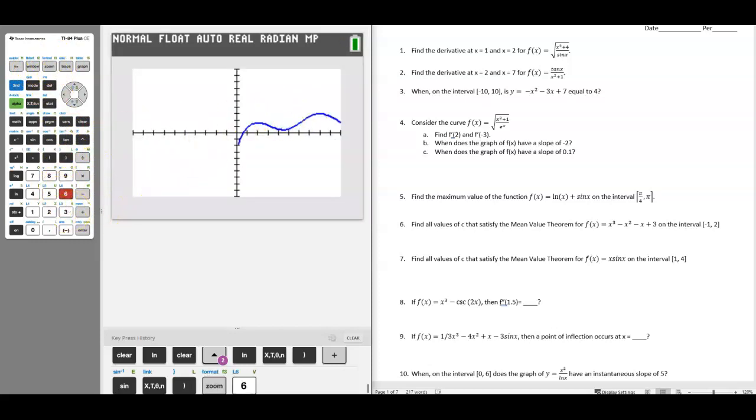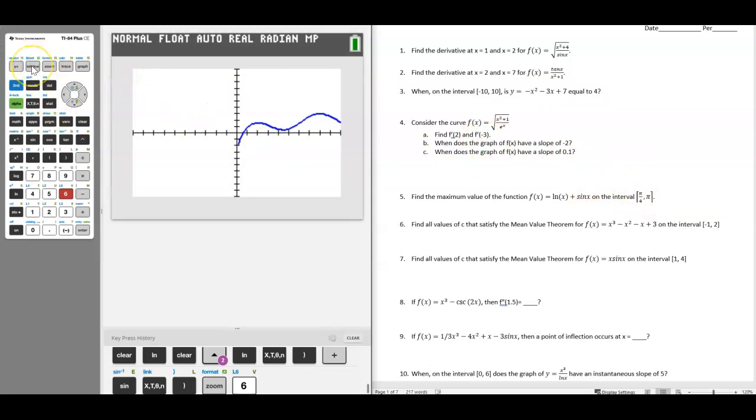And see, mine graphs pretty quick. I'm going to instead use the interval, because here it's asking me from pi over 4 to pi. If I'm trying to estimate pi over 4 to pi on this graph right here, I might not be able to do it right, or I might make a mistake. So I'm going to make pi over 4 and pi the endpoints of my window.